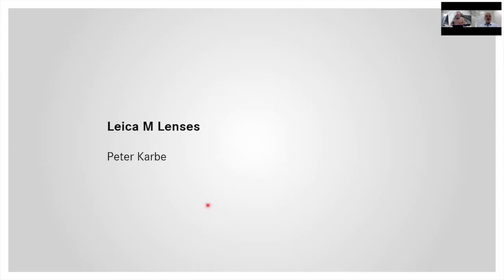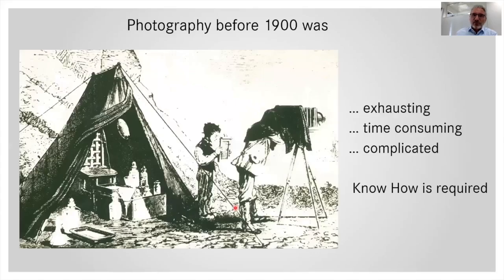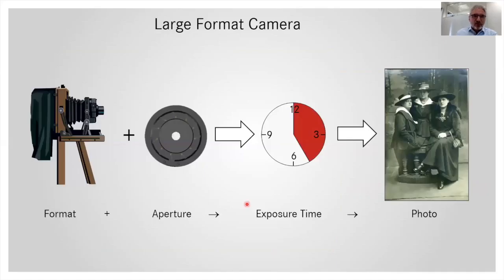All done. So today we are talking about M lenses and about the history of optical development at Leica camera. Before we start with the M lenses and all these things, we need to know how photography was before 1900, and it was exhausting, time-consuming, and complicated, and know-how was required very much. One reason for that was that large format cameras normally were used.